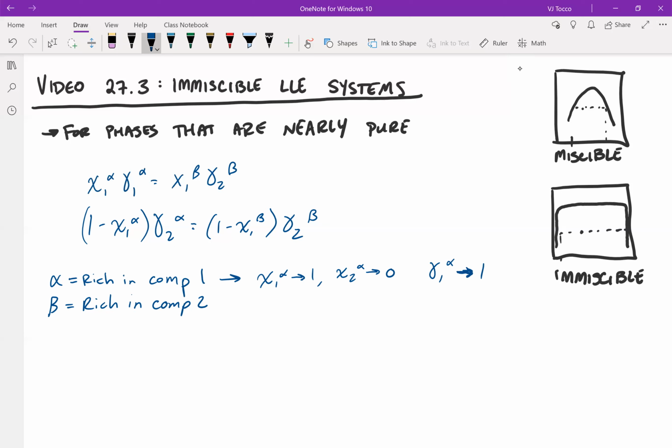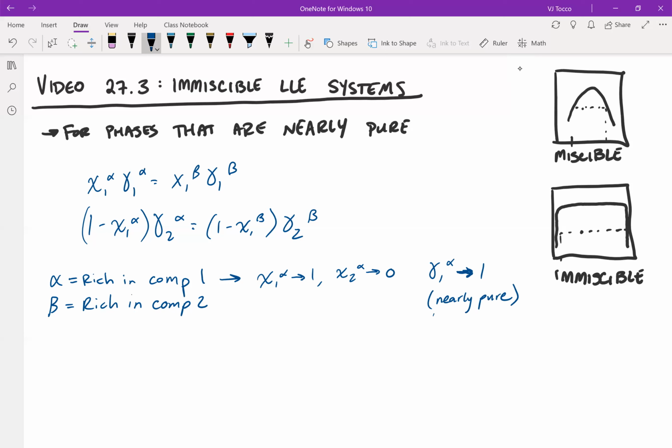In other words, if my phase is almost all component 1, then the component 1 molecules in that phase are not even going to be aware of the presence of any component 2 molecules.